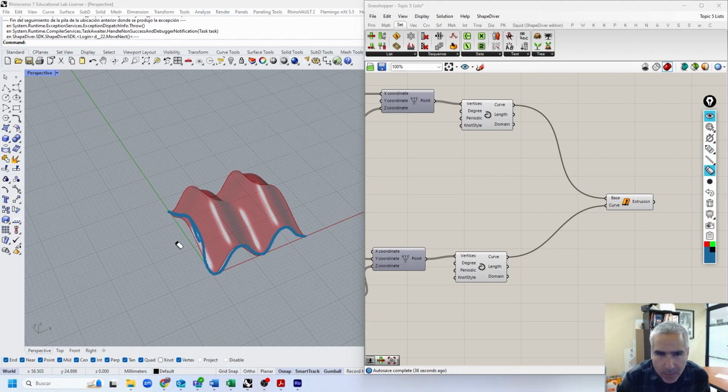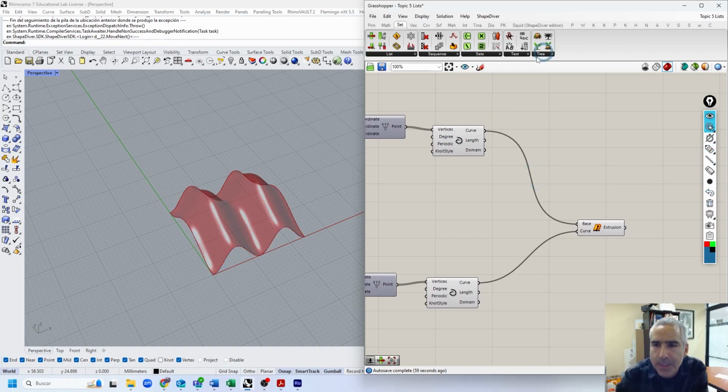That was a lousy drawing, so let's redraw that. So this curve will be translated along this other curve. That means that at every point on this directrix curve, you will have the same curve. So you can just think of that as the surface.